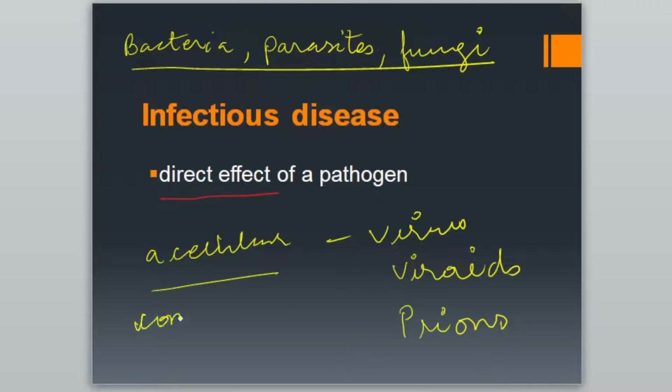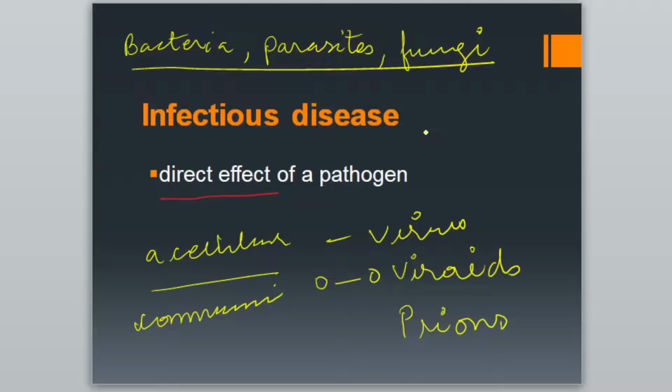Now, some infectious diseases are communicable, while others are non-communicable. Communicable means that they are capable of being spread from one person to another through either a direct way or indirect mechanism. Clear?